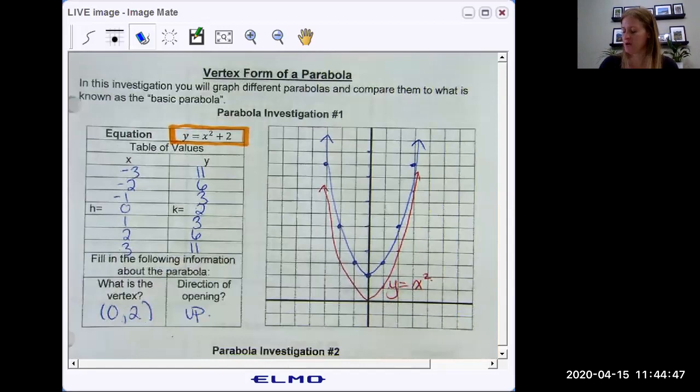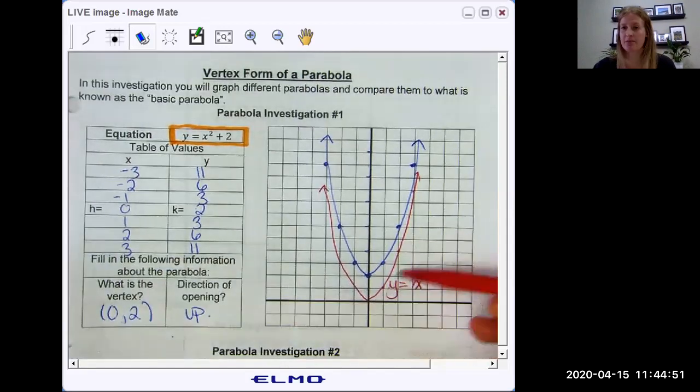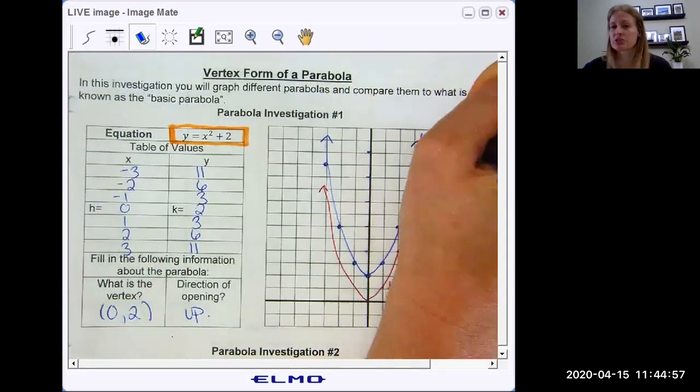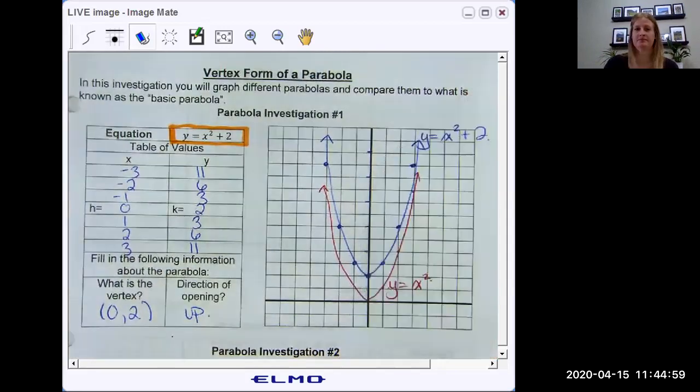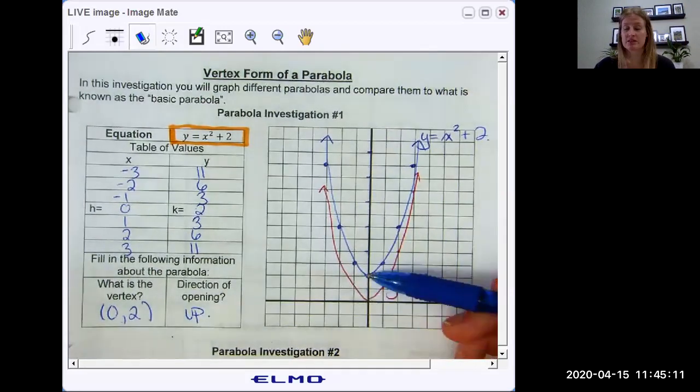right? So what changed from our base parabola of y equals x squared to this parabola of y equals x squared plus 2? The width didn't change. It didn't move horizontally. It just moved up 2 units.